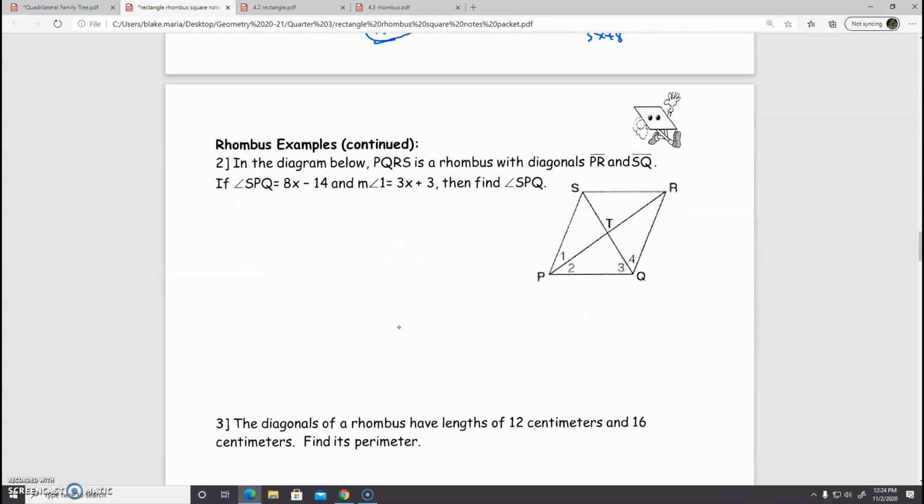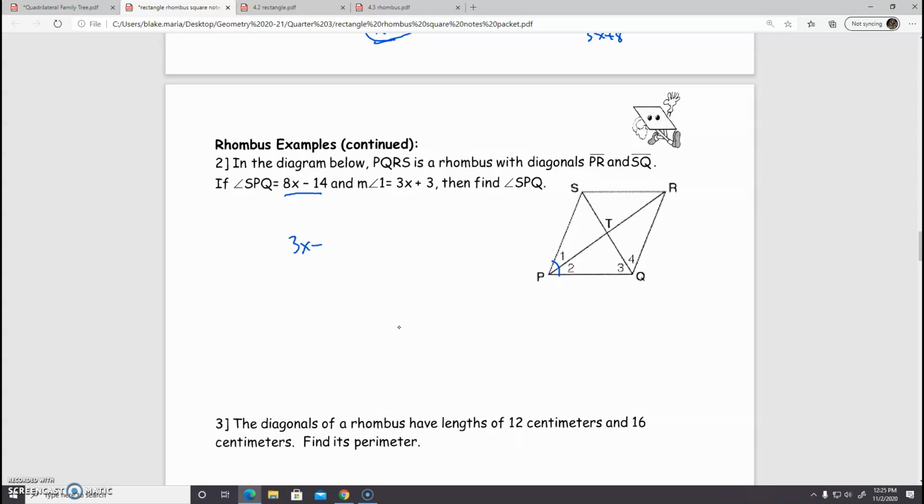Next one, what do they give us? SPQ. So they give us this whole thing was 8x minus 14. And then they tell you angle 1 is 3x plus 3, which means angle 2 is 3x plus 3. Remember, diagonals bisect the angles. So these should add up to equal 8x minus 14.